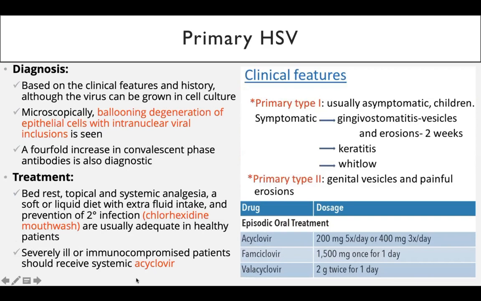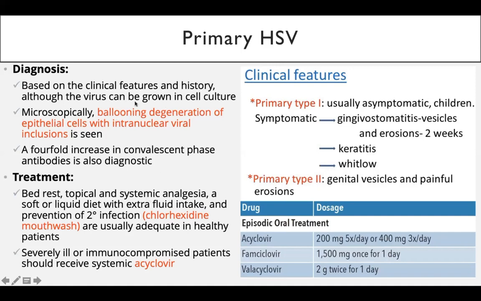What are immunocompromised patients? Diabetics, increased LDL, obese patients, any comorbidities, any bad habits, smoking, chewing tobacco, AIDS, HIV patients, people on chemotherapy, right?